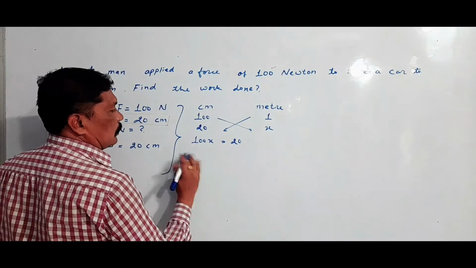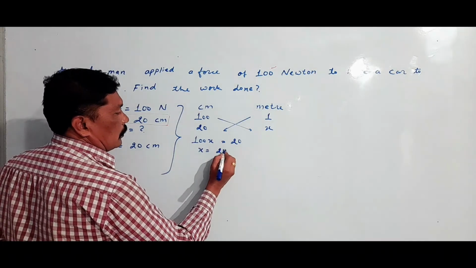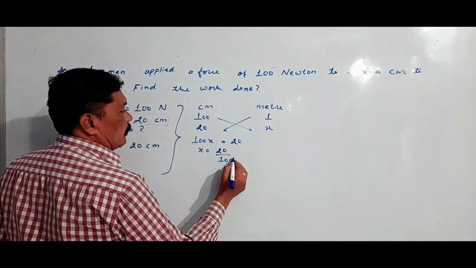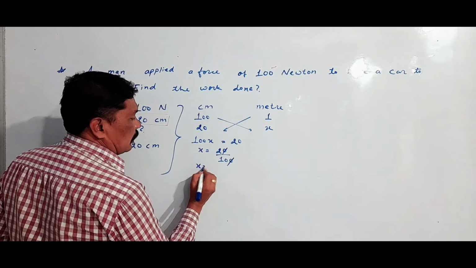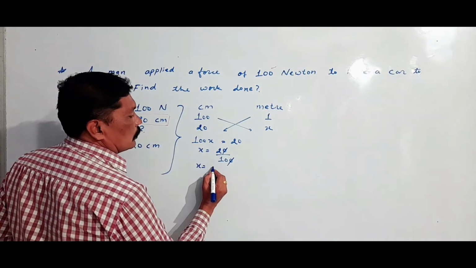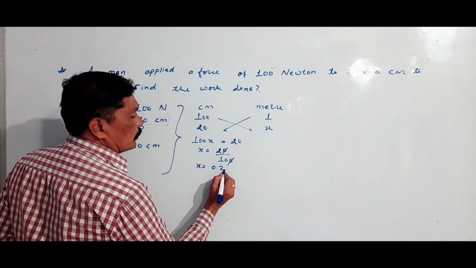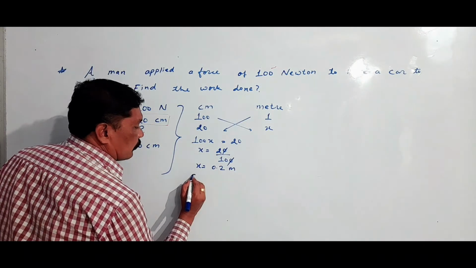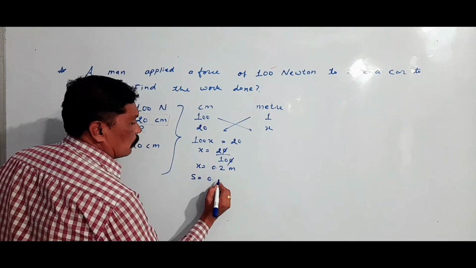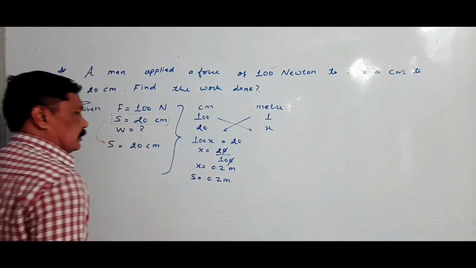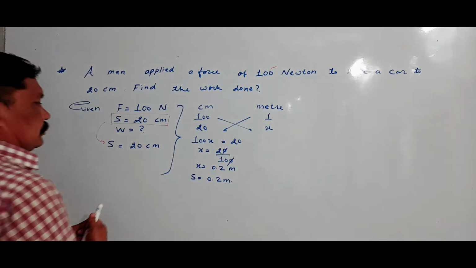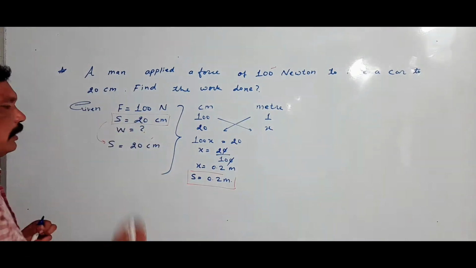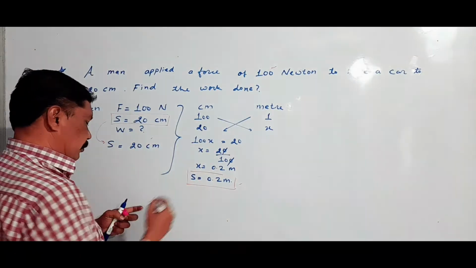X is equal to 20 upon 100. 0, 0 cancel. X is equal to 0.2 meter. Therefore, S is equal to 0.2 meter. Centimeter we have converted into meter.